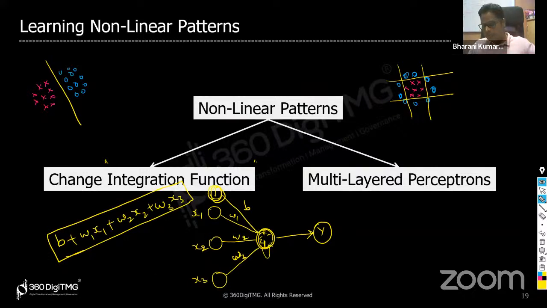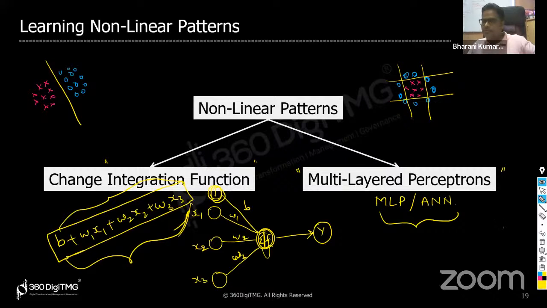Okay, so if you change this from summation to something else, then it works. So this integration part, if you change it to something else, then you'll be able to handle the nonlinear pattern. This is one way of handling the nonlinear pattern. The second way of handling the nonlinear pattern is using multi-layered perceptron, also called as MLP, or artificial neural network.